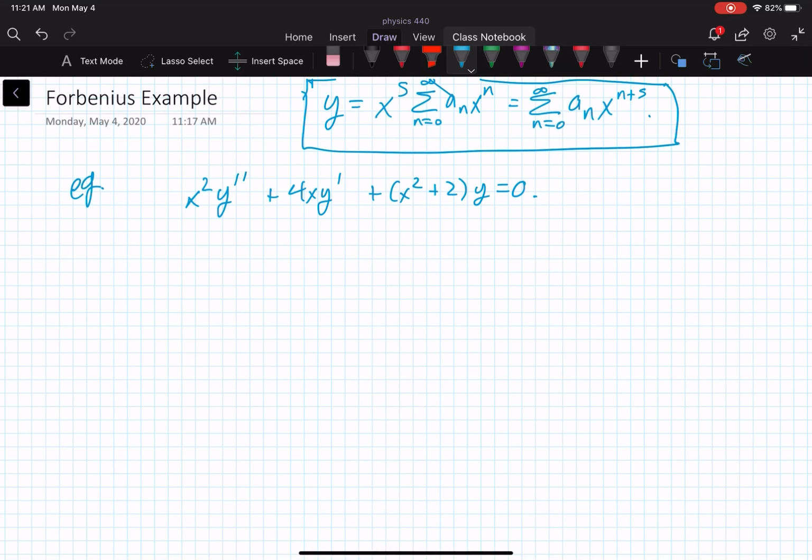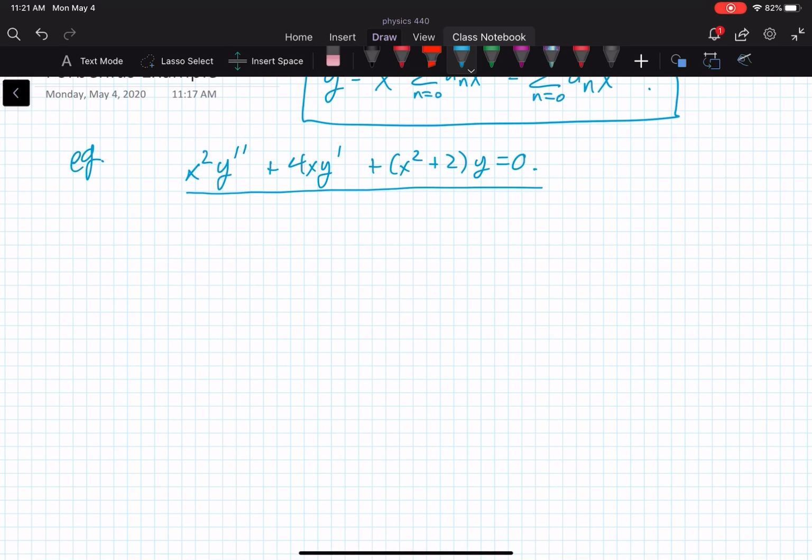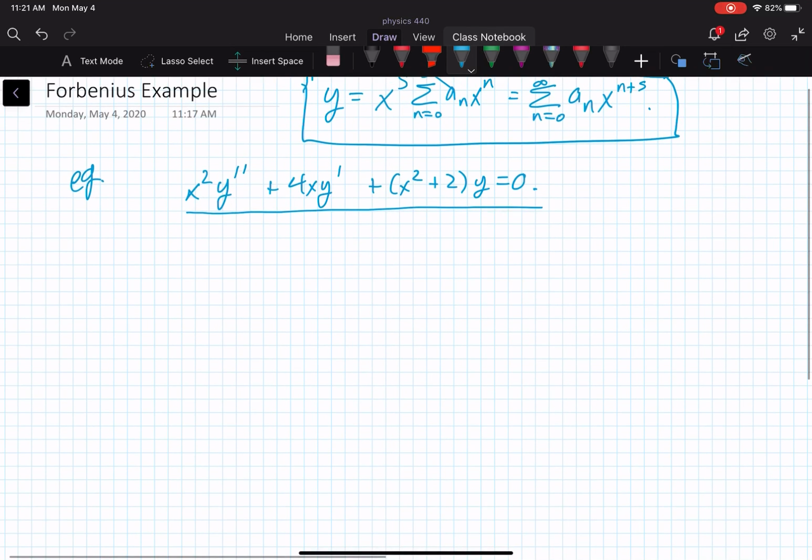Ordinarily we'd look at that and ask how the hell do you solve something like this? This is not anything that looks like it's amenable to any of the forms that we've looked at before. So let's use our expansion.